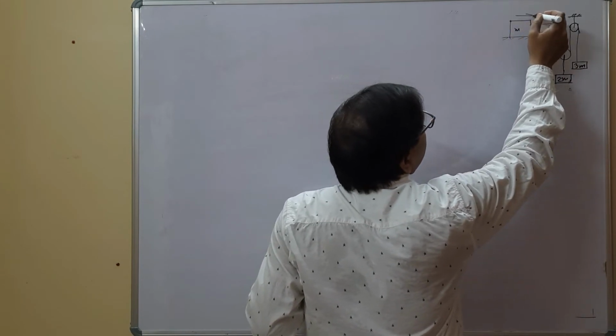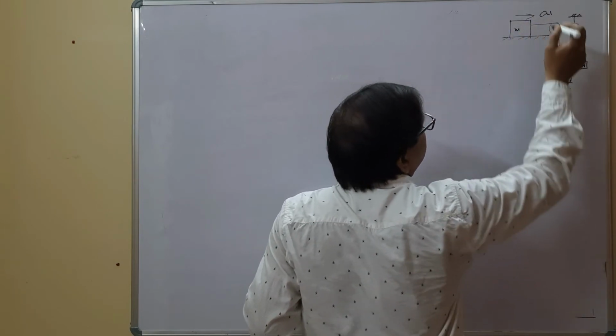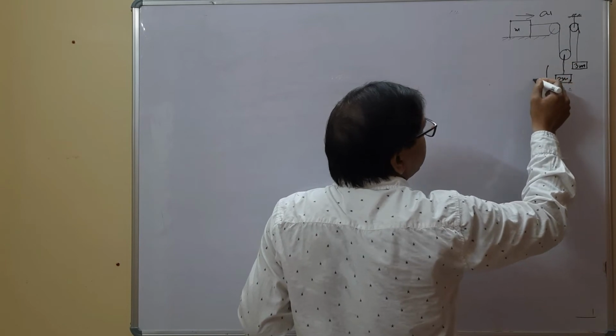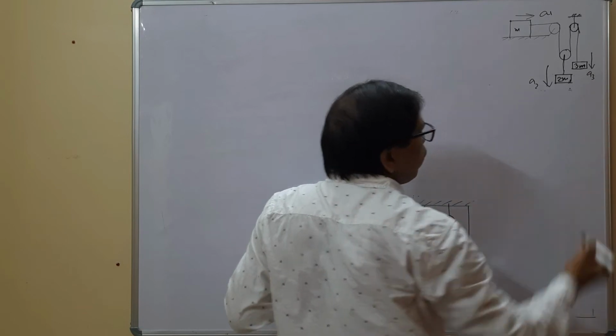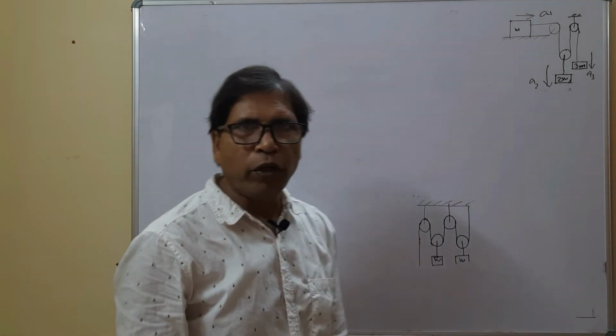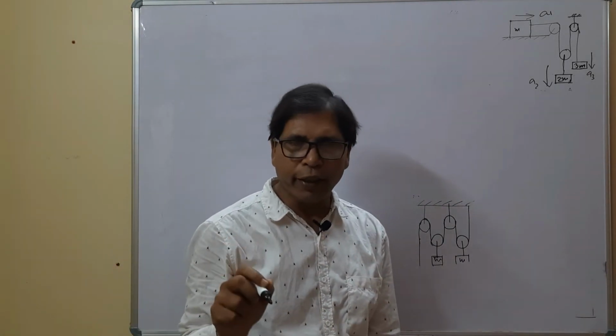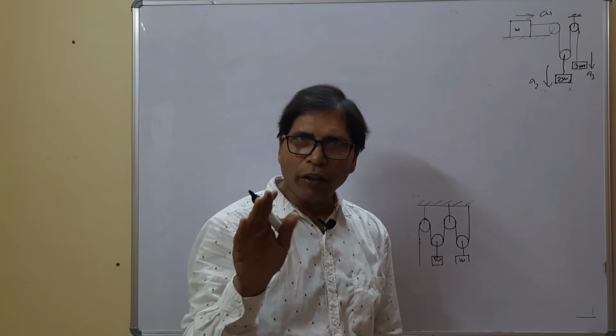Look at this. Suppose this moves with acceleration a1, this moves with acceleration a2, and this moves with acceleration a3. Okay, now we have to calculate a1, a2, a3. Now first of all, constraint relation.